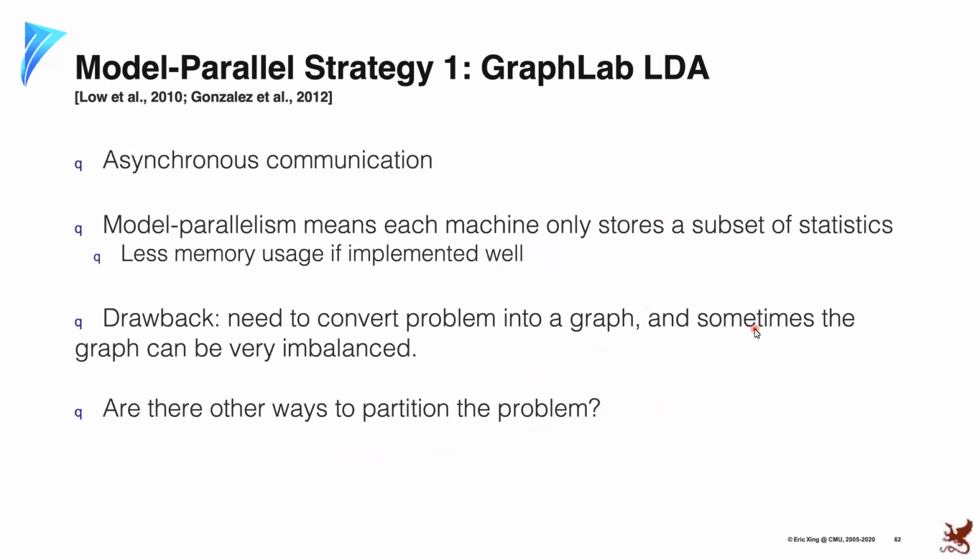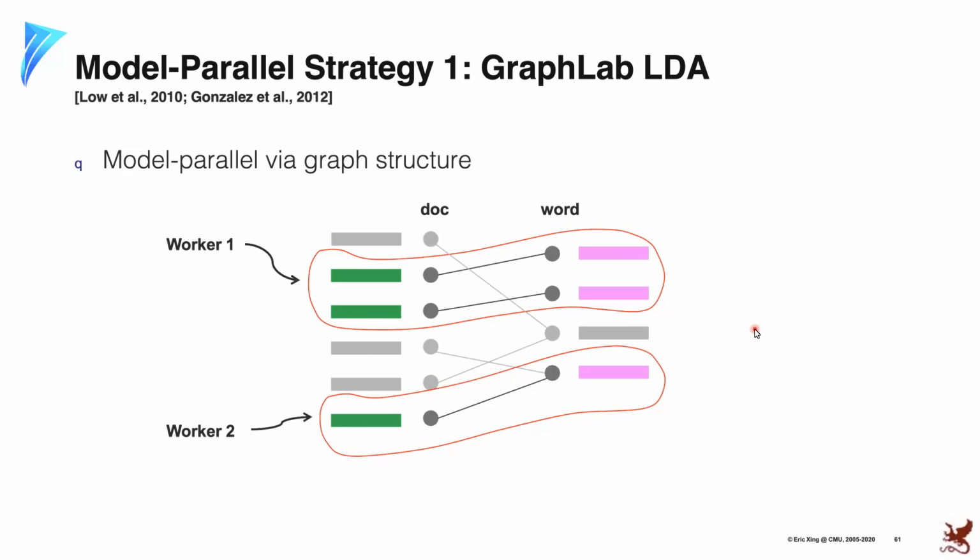The way we do that is to form it as a graph partition problem. Essentially, we view the documents and words as a bipartite graph, and then we find different graph partitions so that the overlap between different partitions is minimized. That's essentially the key idea.